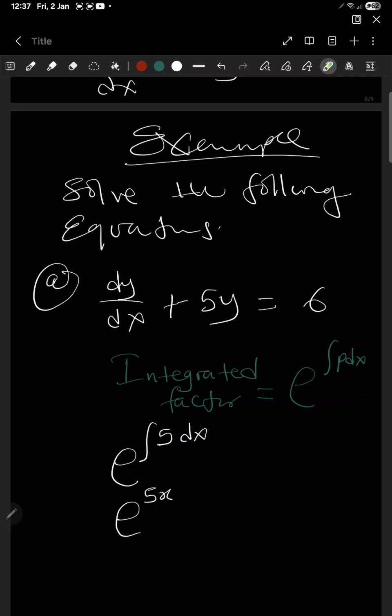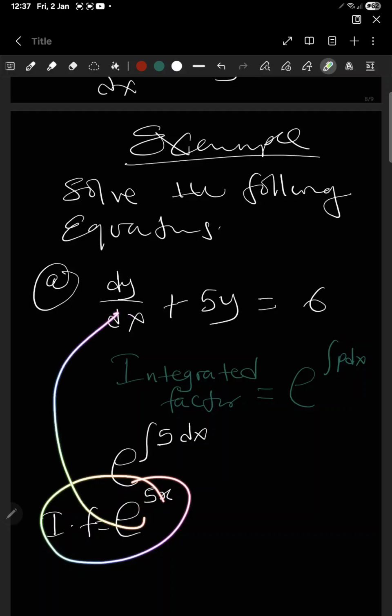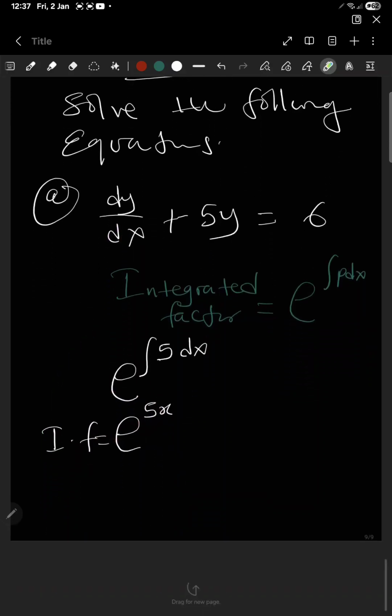Now, after you've gotten the integrating factor, what you're supposed to do is multiply this integrating factor throughout the question that was given to you.